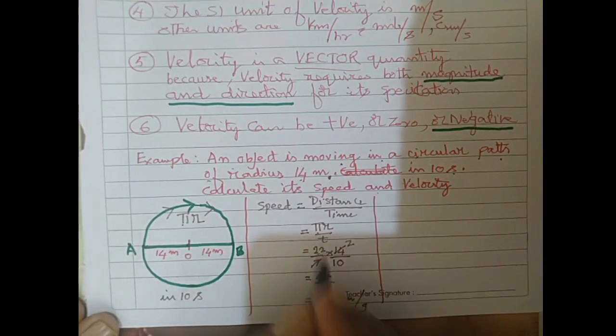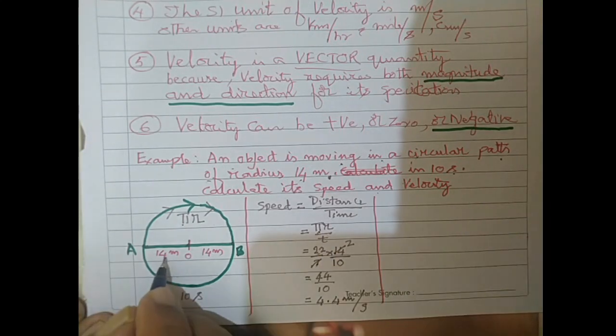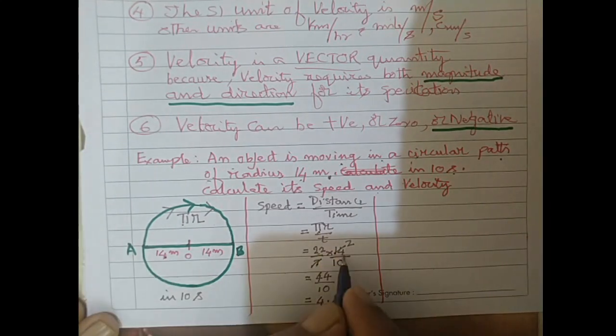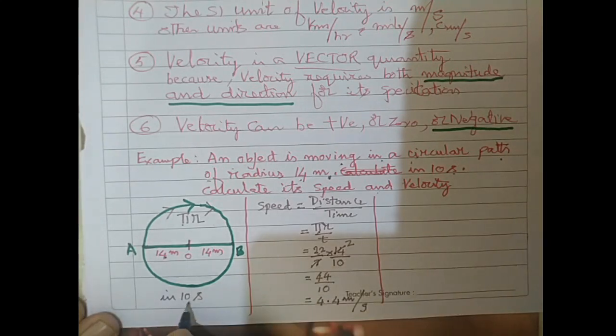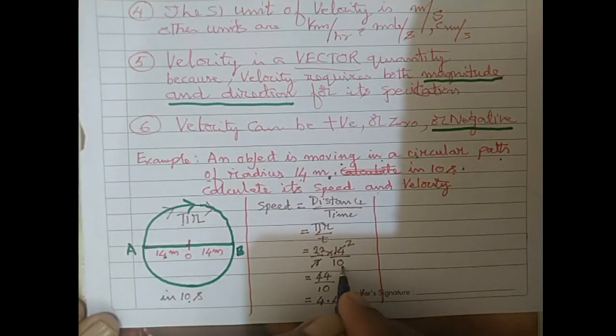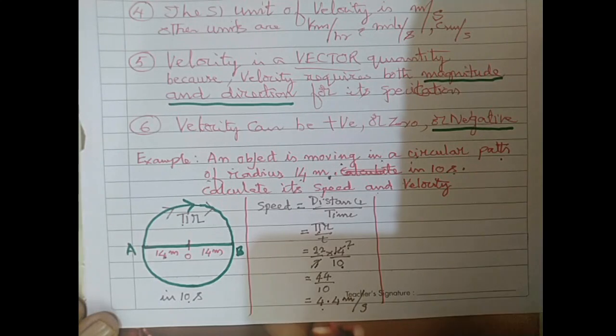Time is t. Pi is, you know very well, 22 by 7, multiplied by r, which is 14 meter. So I am taking 14. Time is 10 seconds. In the calculation, 7 ones are 7, 7 twos are 14, cut. After cutting, 2 22s are 44 by 10, that is equal to 4.4 meter per second. This is the calculation of speed, over.